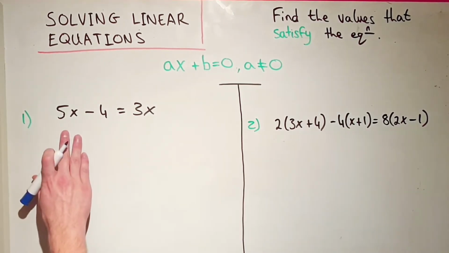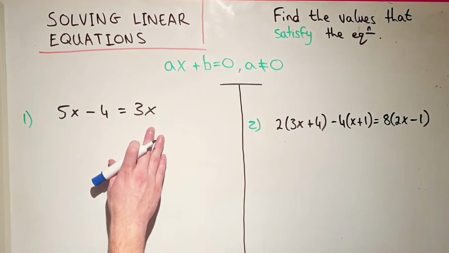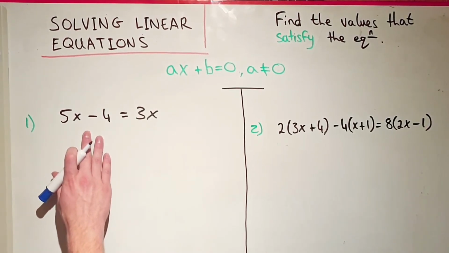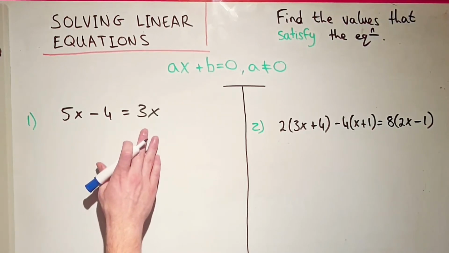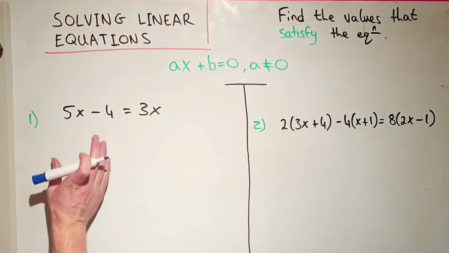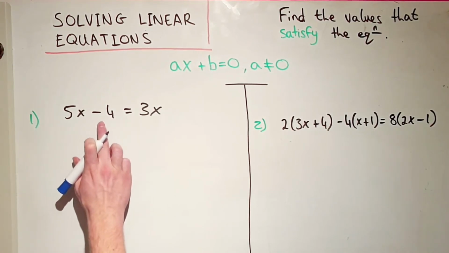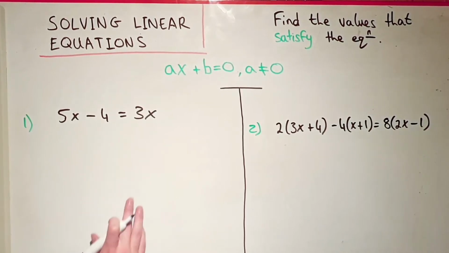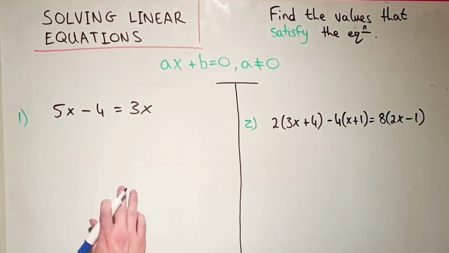Right, so we can see that we have a 3x on the right hand side and a 5x minus 4 on the left. So the goal is to isolate the expressions with variables on one side of the equation and have all the constants on the other side of the equals.